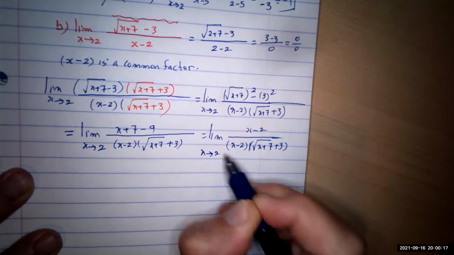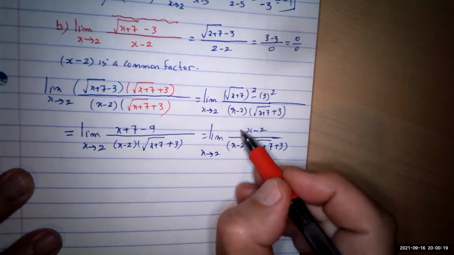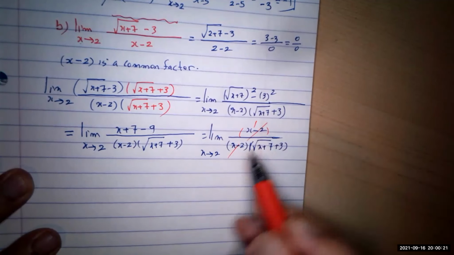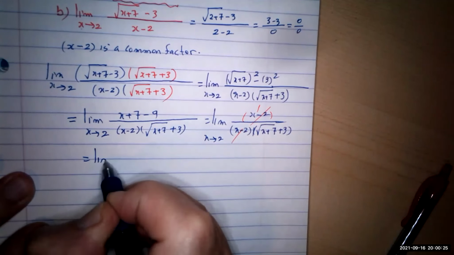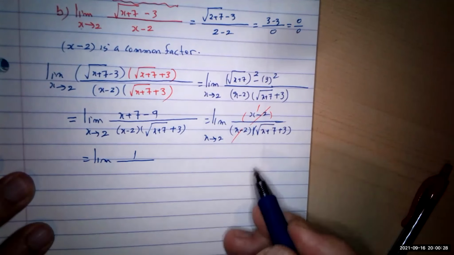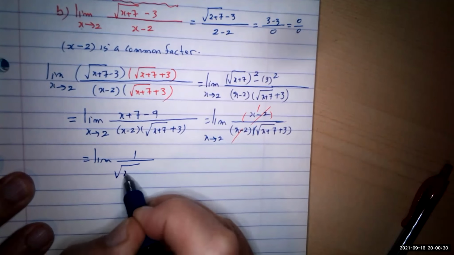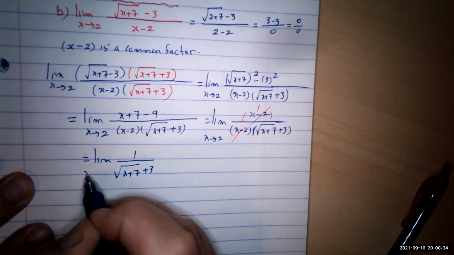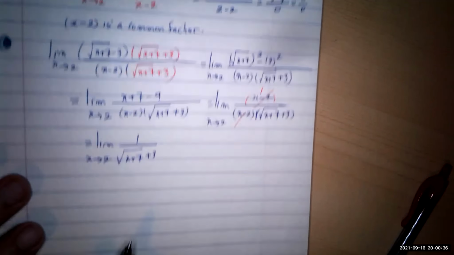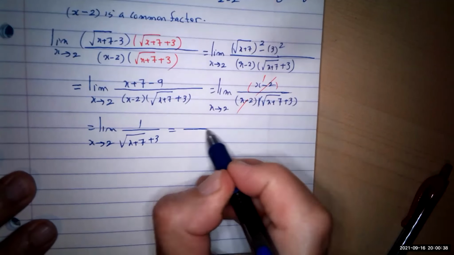Now we've got the x minus 2 on the top and the bottom. You see, that's it. Eliminated it. That gives you 1. So it's going to be the limit of 1 over radical x plus 7 plus 3. Now x goes to 2. You substitute.